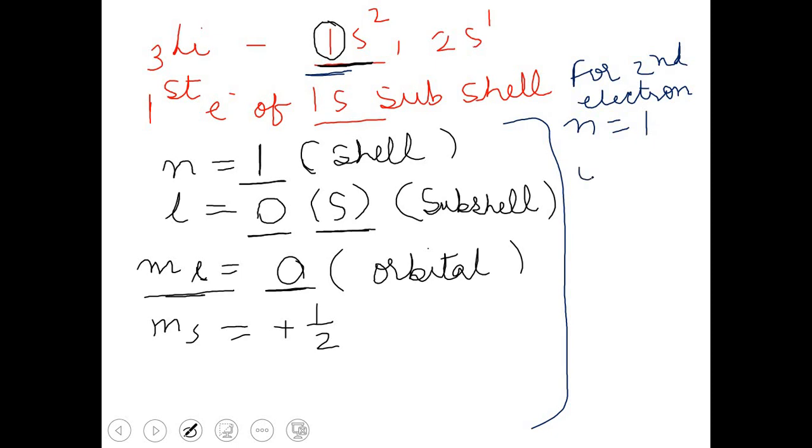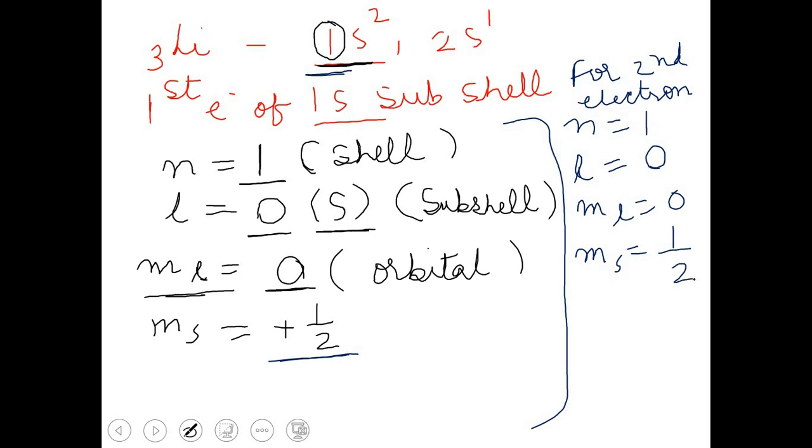And as I told you, the values of L depend on the value of n, and it may have values up to n minus 1. So L is 0. Similarly, ml will also be 0 in this case, but ms, the spin quantum number, which represents the electron spin, was plus half, meaning spin up, in the first case. Here it will be minus half.